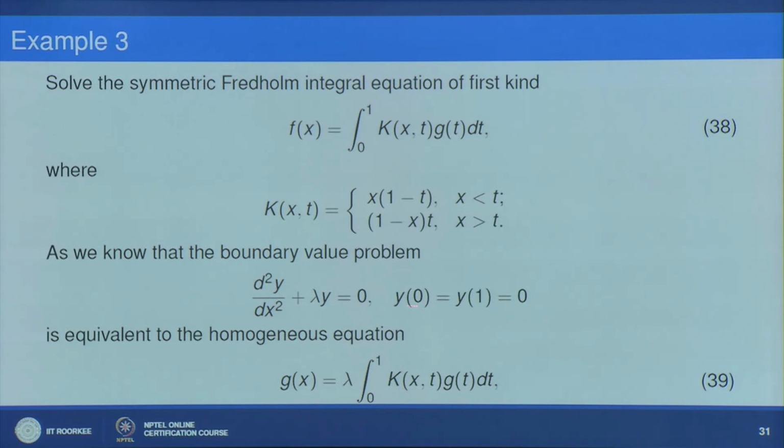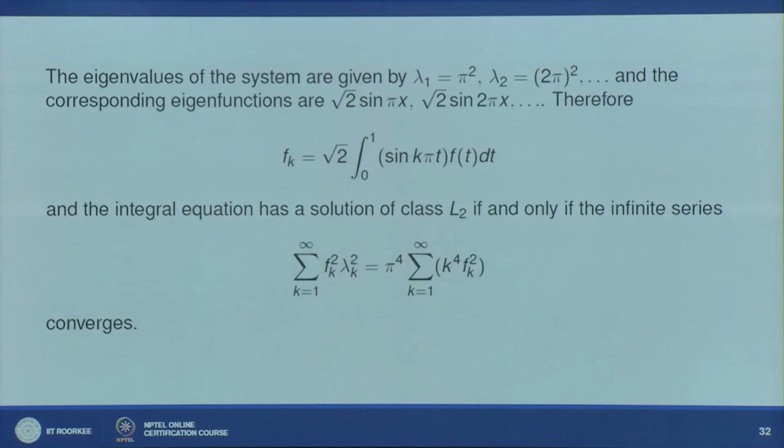So whatever solution we have here, and the values for which we get a non-trivial solution here, the same will be a non-trivial solution here. So solving this problem is equivalent to solving this problem. Here we are finding the lambda for which we have a non-trivial solution. Lambda comes out to be n pi whole square, and the corresponding eigenfunctions are this.